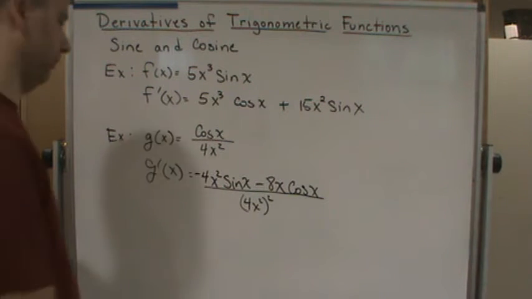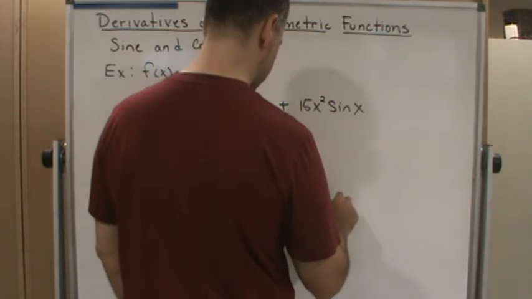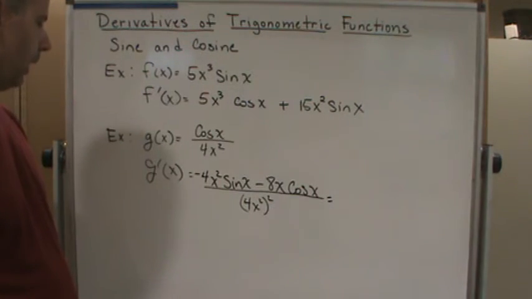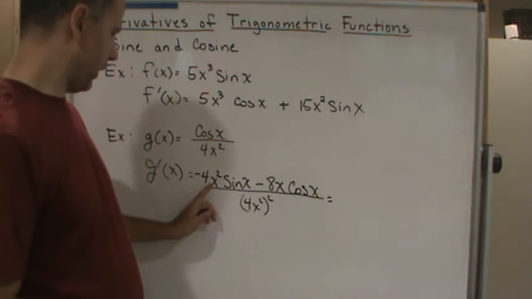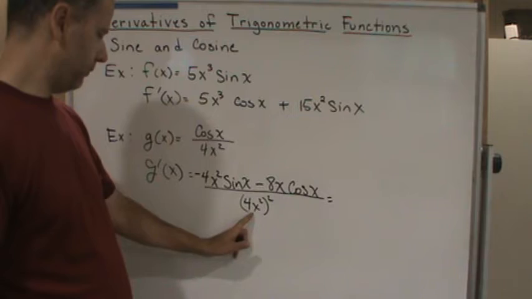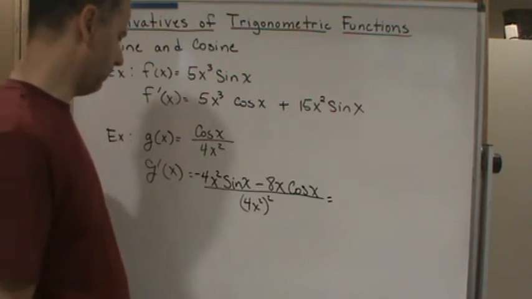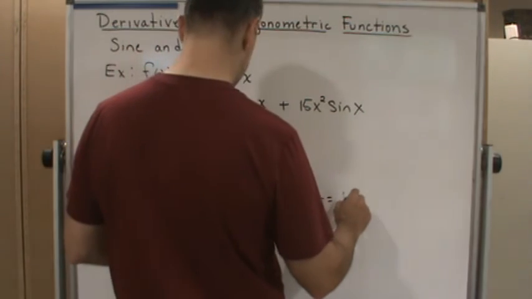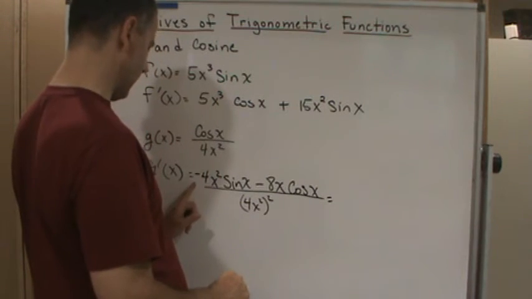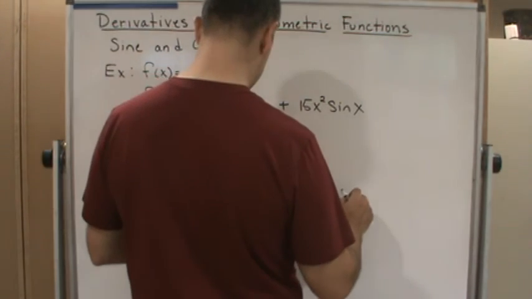Okay, now, at this point, I have a 4x squared here and an 8x. I can factor out a 4x from the top. So let's do that. In fact, I'm going to factor out a negative 4x.